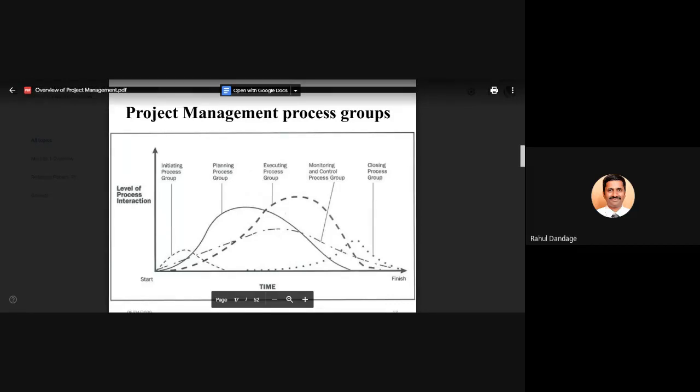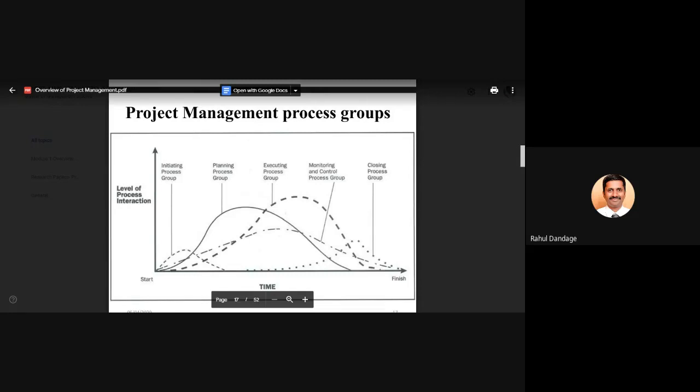So let us move to the diagram which is in front of you. This diagram gives the overall picture of the various process groups involved in the project management process. If you look at the diagram carefully, you can see it is a graph. I hope everybody knows what we mean by a graph.